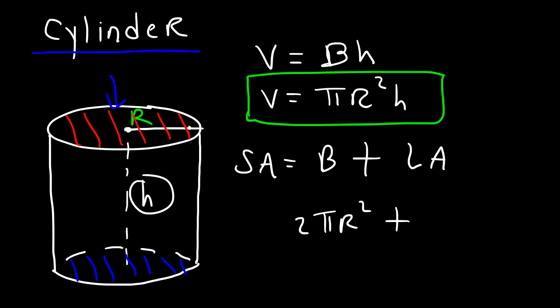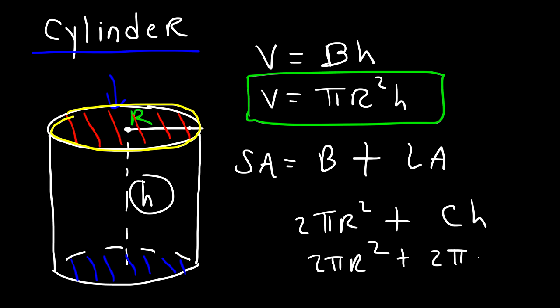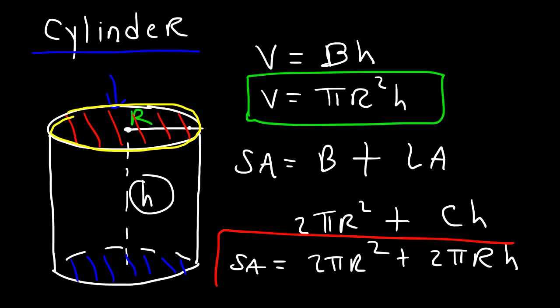The lateral area is the product of the circumference of the circle times the height. So the distance around the circle is the circumference, and the circumference of a circle is 2 pi r. So you could use this equation to calculate the total surface area of a cylinder.